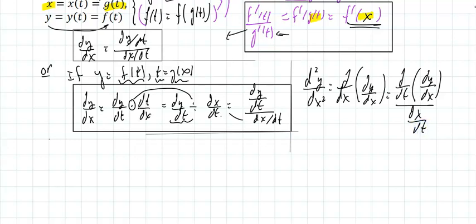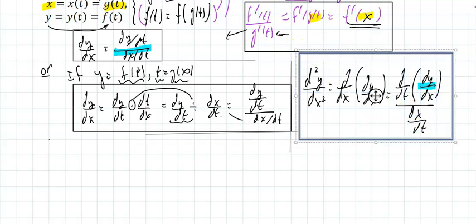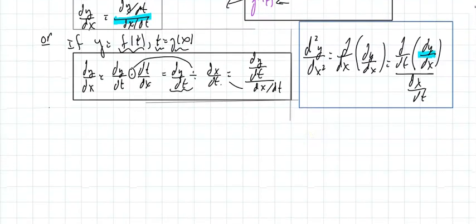Keep in mind, this is provided on your test. You just have to tweak it a bit, get used to it, and we know what a second derivative is used for, right?